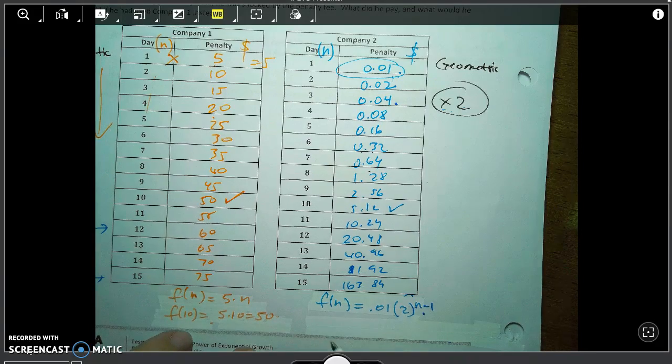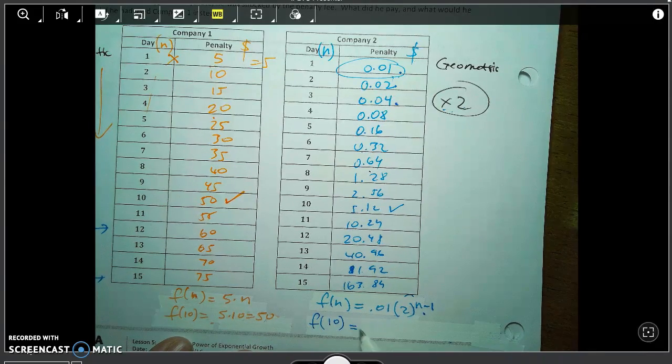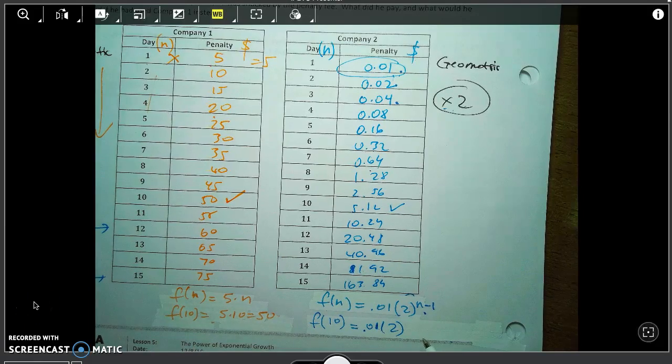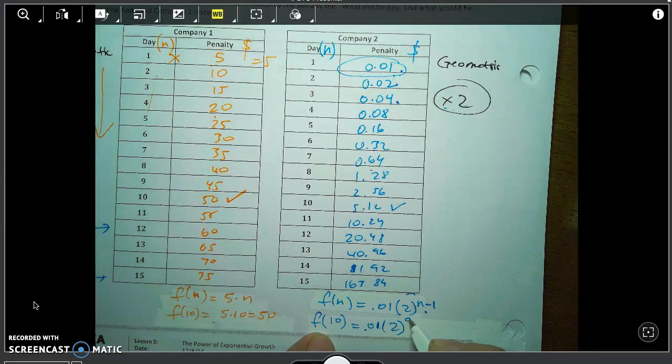So I want to plug in another number of days. Let's do the same thing we did over here. Let's do f of 10. So what would be the penalty using the formula without looking at the table? I'll have 0.01 multiplied by 2 and raised to, now instead of writing 10, I write 9, because I have n minus 1.